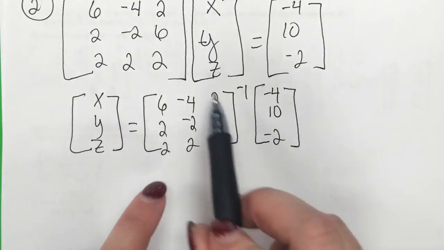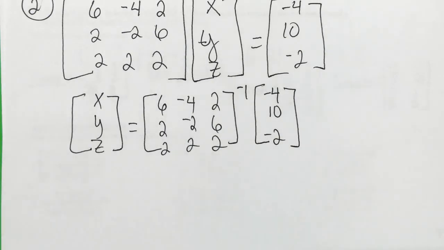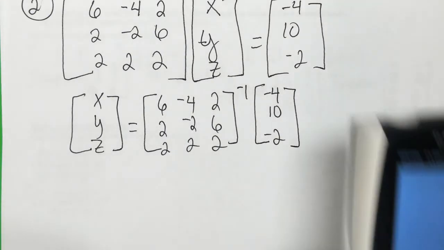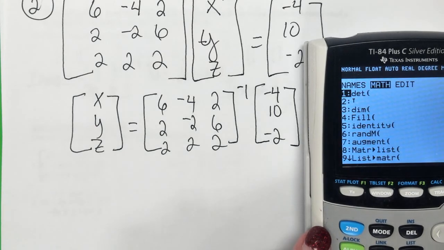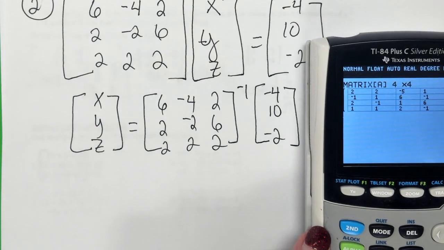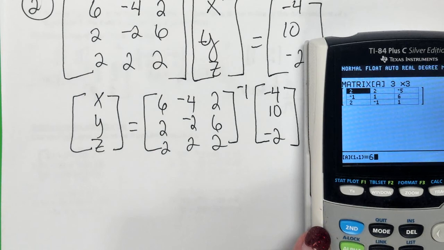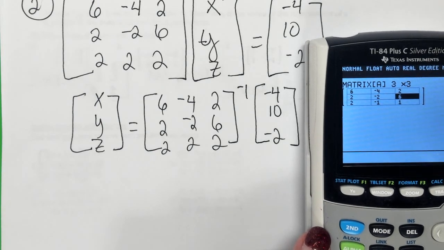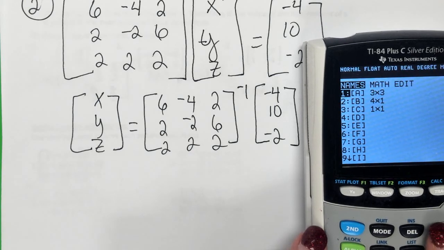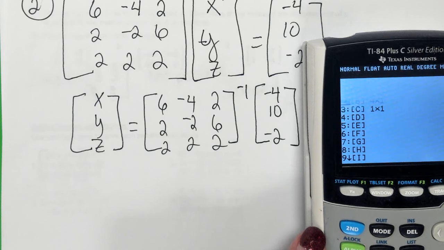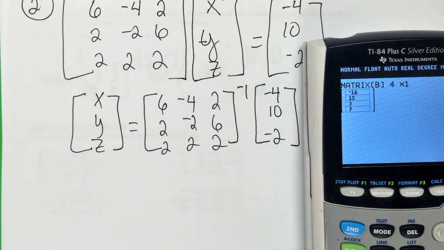Make sure you tell your calculator to take the inverse of the big one times the other one. You did not do this in the challenge? No, I can put the 2 on there.